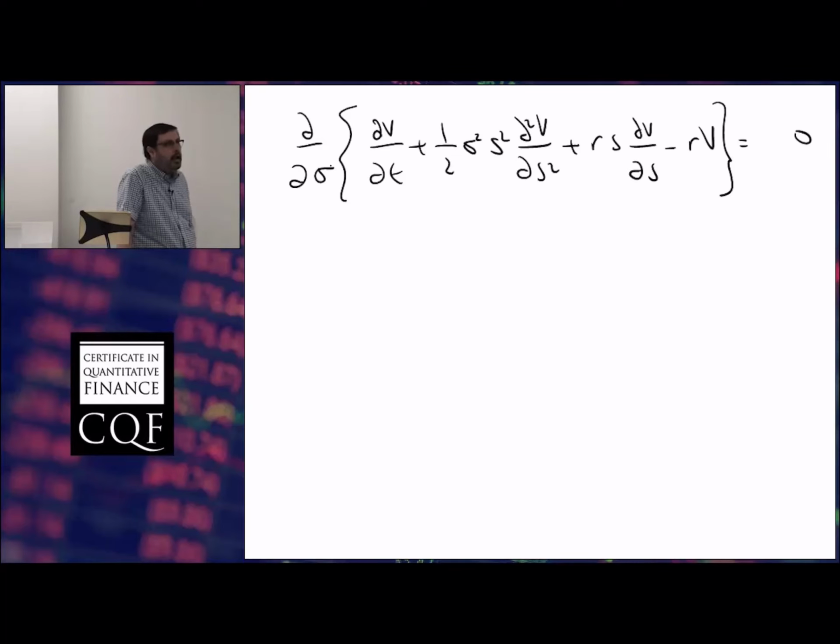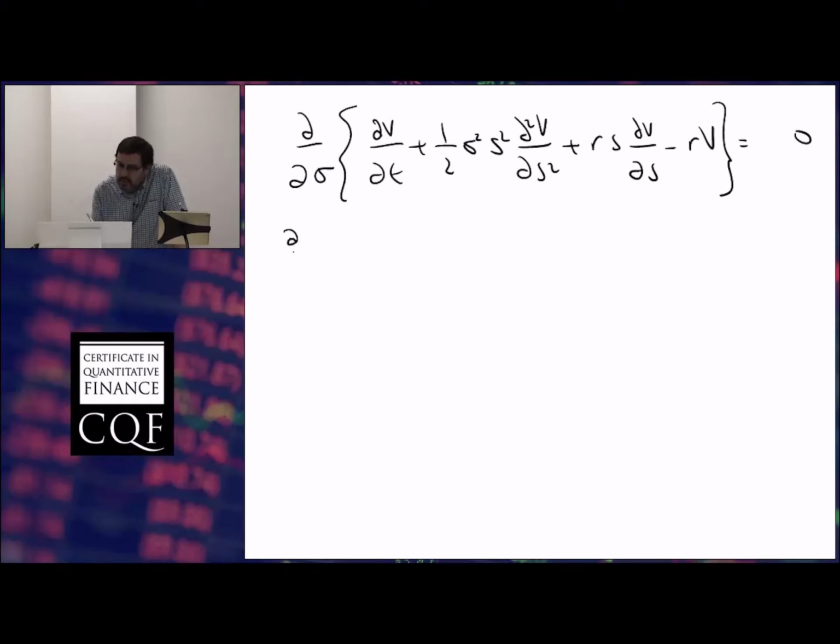Okay, and the other thing we're going to assume also is that we can change the order of the differentiation. In other words, I can write down, we've got d by d sigma of dV by dt. I'm going to swap those around.